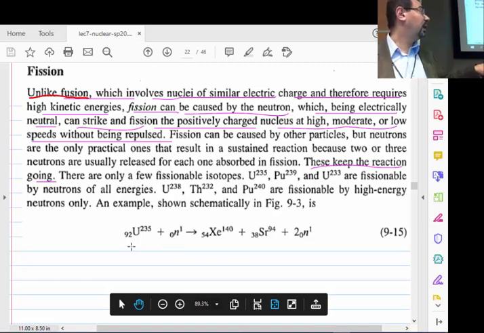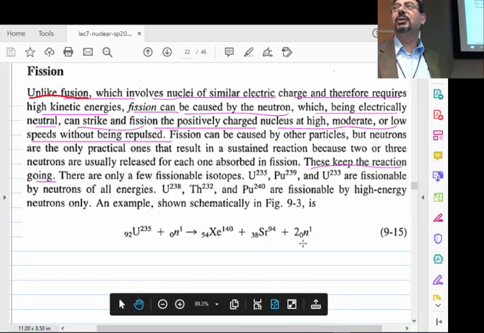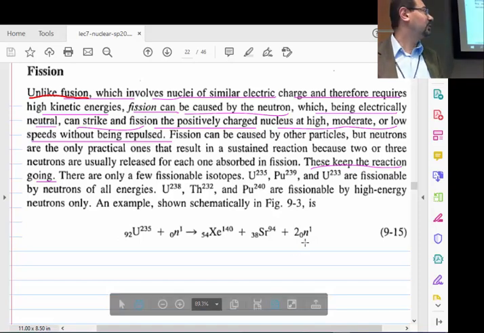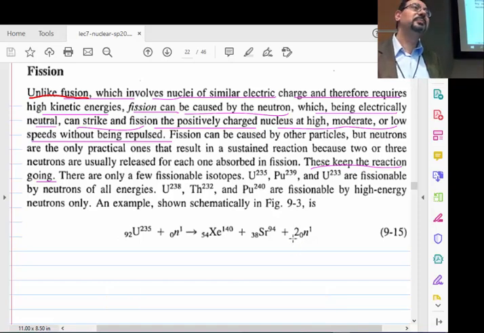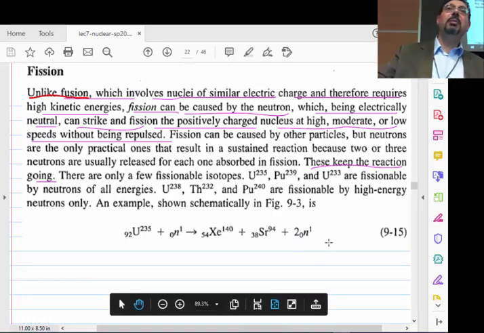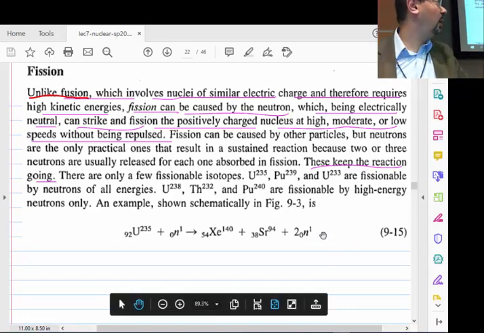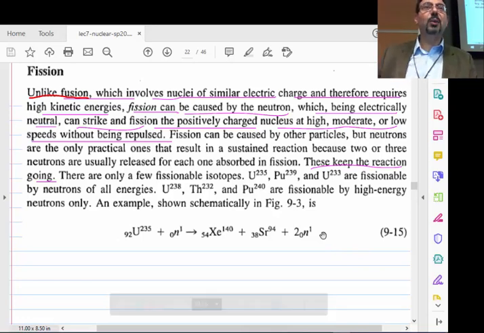But the majority of nuclear reactors all over the world use 235, and they shoot it with a neutron, and then you end up with xenon and strontium and 2 neutrons. That's what's interesting: you get two neutrons. You can lose one of them, dissipated or absorbed by something, but the other one will hit another nucleus.